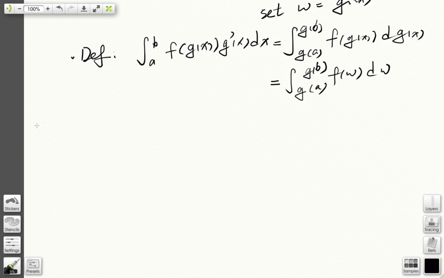Okay, so then we come to the last technique that we may need to use, the integration by parts. Again, like the integration by substitution, we also have two versions.